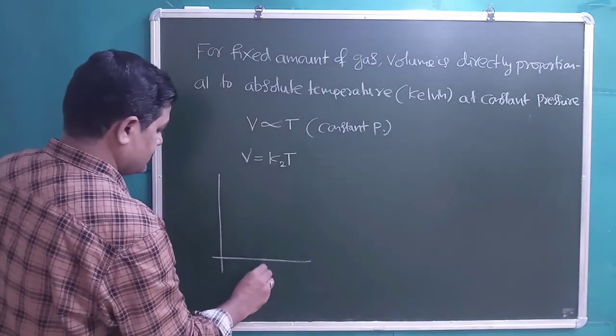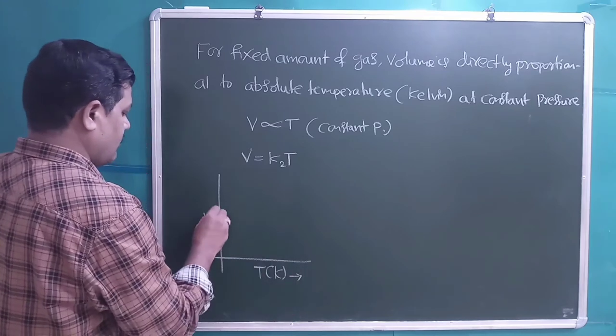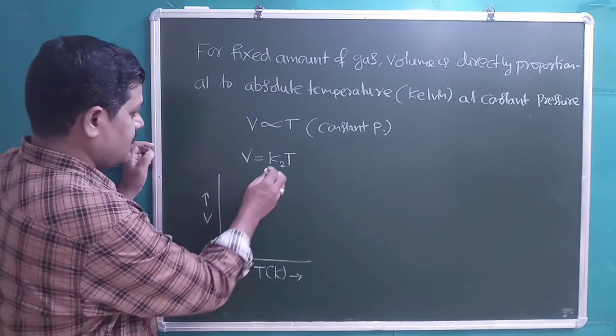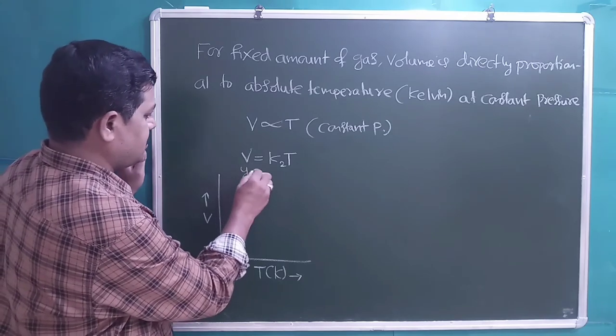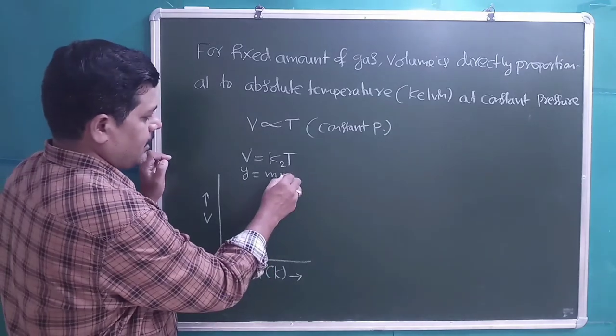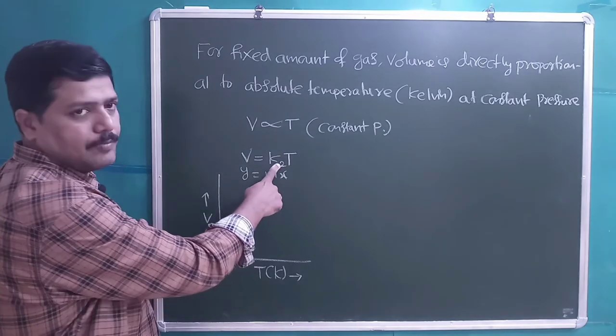We are taking temperature in Kelvin on the x-axis and volume on the y-axis. Then this is like a y is equal to mx graph, a straight line passing through the origin with the slope of K2.